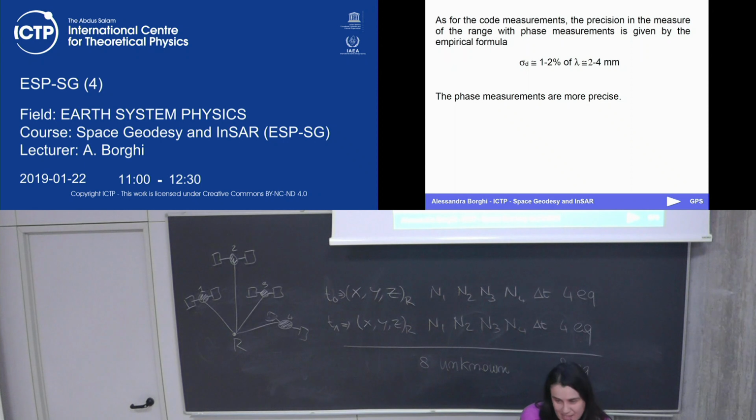Next we will see that this is a theoretical precision, and we have to reduce it because we have to take into account some errors, some problems in the measurement. But we will also see how to reduce this error and solve the problem to have a good precision in the position.